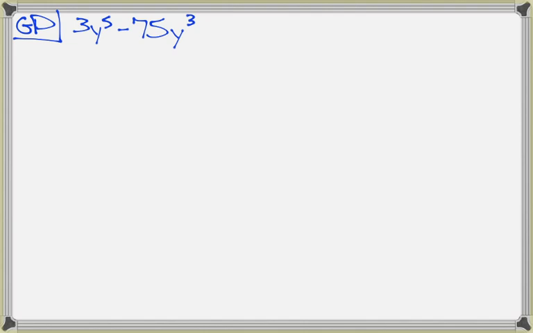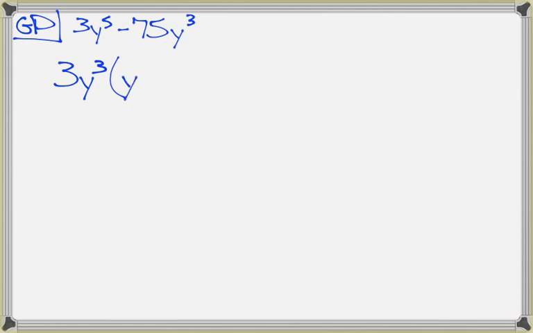Well, first off, I see they're both divisible by 3, so I can pull a 3 out. And they both have 3 y's. So that outside term that I'm going to factor out is 3y to the third, because they both are divisible by 3, and the lower one has 3 y's. So they both have 3 y's in common. So now I just rewrite the problem. I factored out a 3, so 3 divided by 3 is 1.